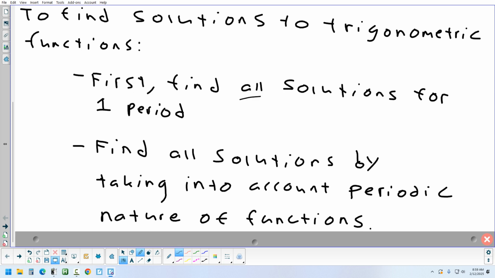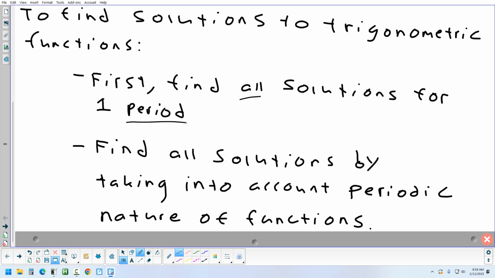Okay, so in order to be able to do those two steps, a couple important things. You have to know the period of your function. If you don't know the period, you're not going to be able to set your window to one cycle. So the two formulas that we've used so far are, what's one of the formulas we've used to find period, let's say for the sine, cosine, secant, cosecant?